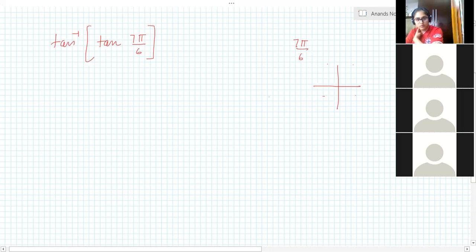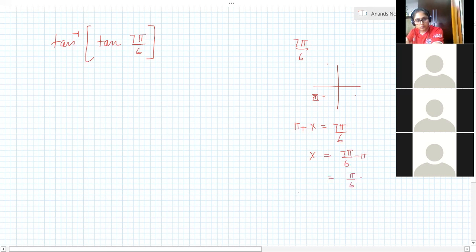Third quadrant, sir. That means we will use tan of 180 plus theta so that the theta will be small. Then 180 plus theta has to be equal to 7 pi by 6. That means my x is 7 pi by 6 minus pi, that means pi by 6.